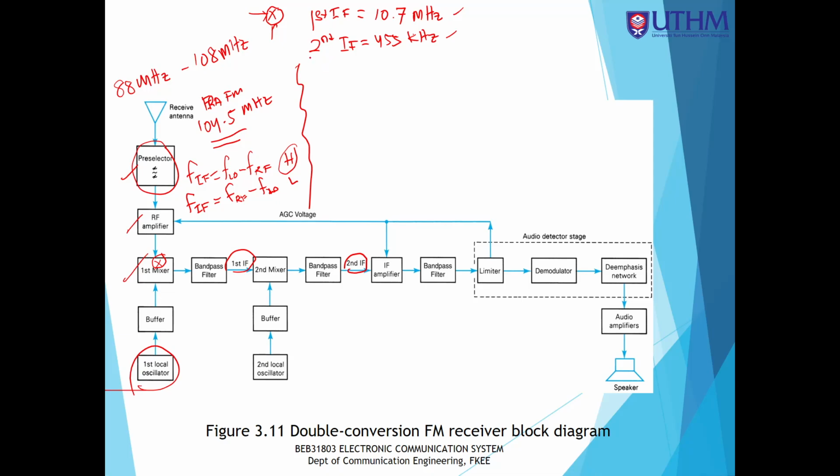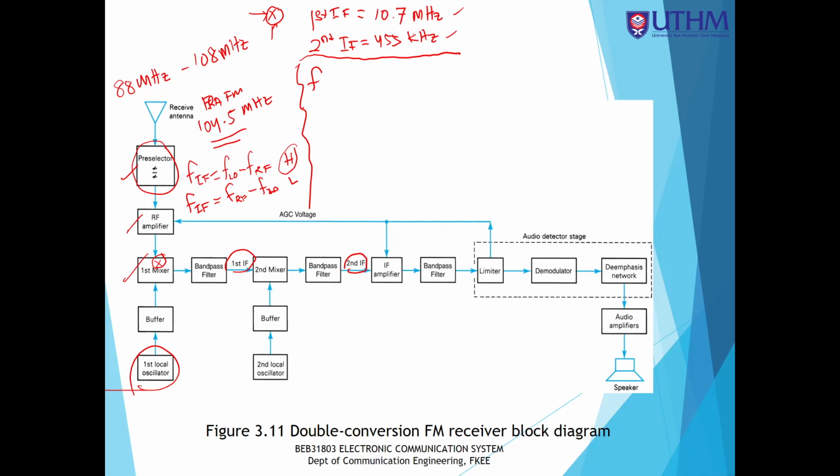Remember, in down conversion we are multiplying two inputs mathematically. When we multiply two inputs in the mixer converter, we produce an upper sideband and also a lower sideband.